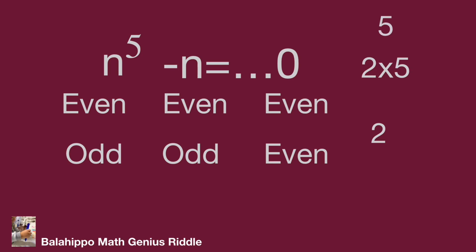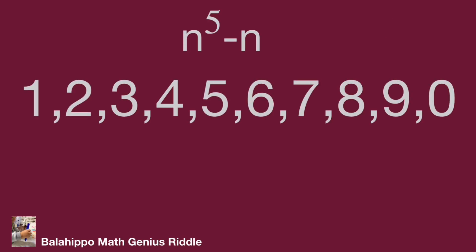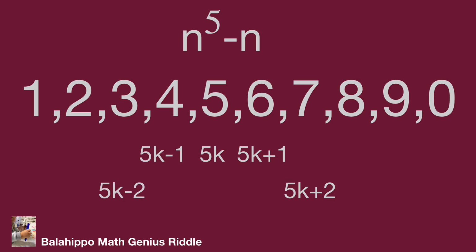List the last digits from 1 to 9, 0. While 5 is the center, let it be 5k, k is a positive integer. Then 6 is 5k plus 1, 7 is 5k plus 2, and 4 is 5k minus 1, 3 is 5k minus 2.